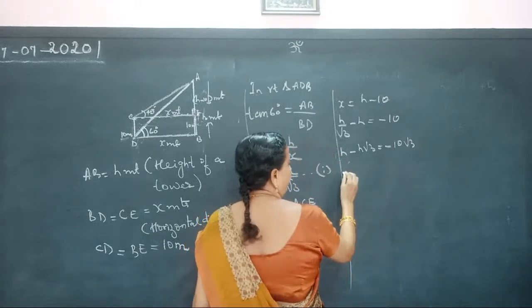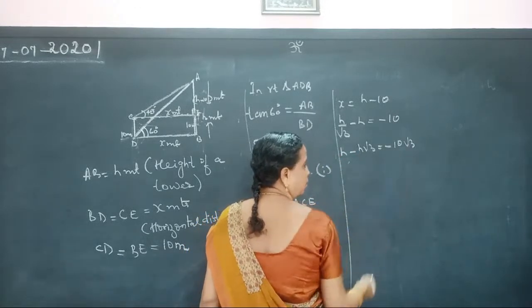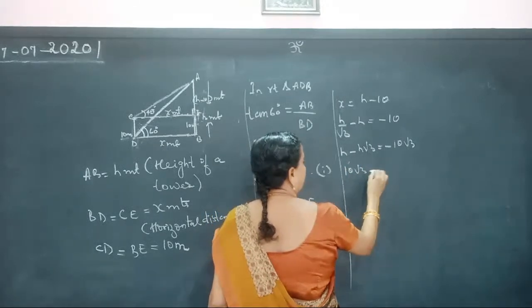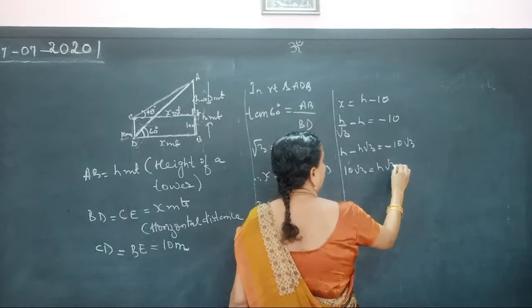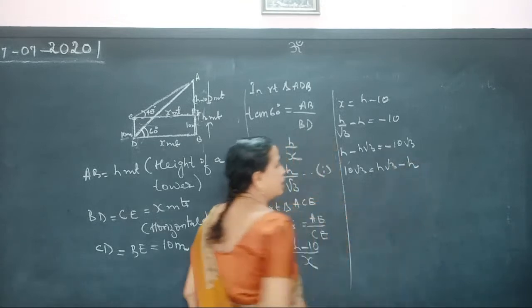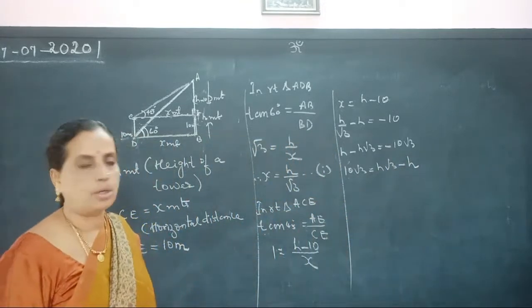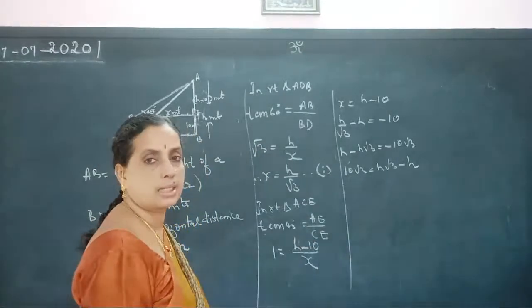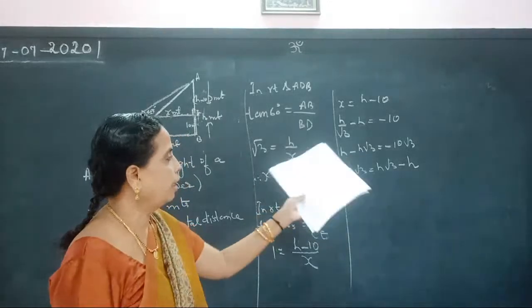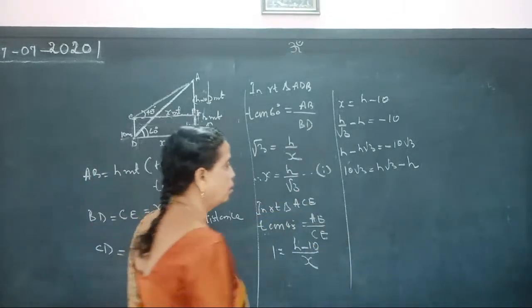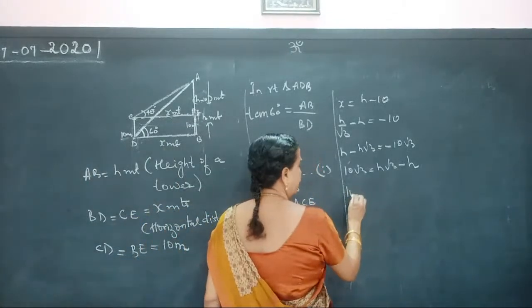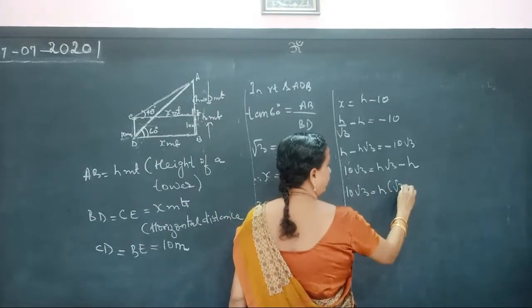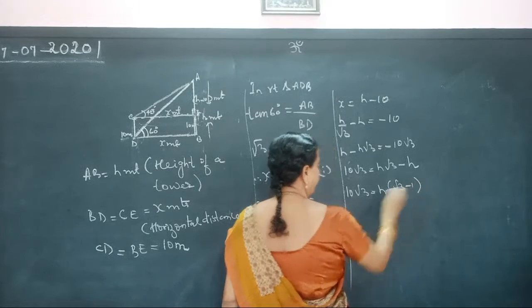Okay. So if I take positive 10 root 3, I will take it here. H root 3 minus h. Is it clear how I made it negative to positive, transferring minus 10 root 3 to LHS, h root 3 and h to the RHS. Now just see, taking h common you will get root 3 minus 1.